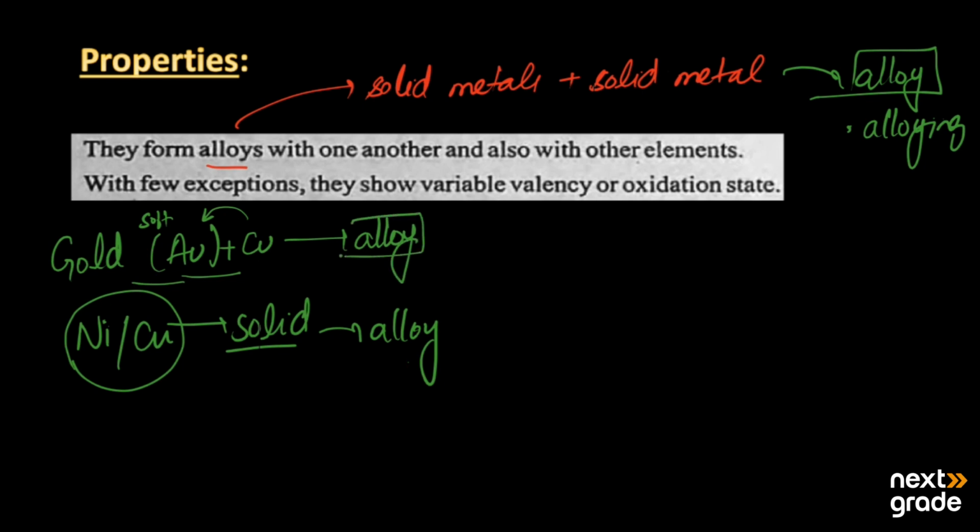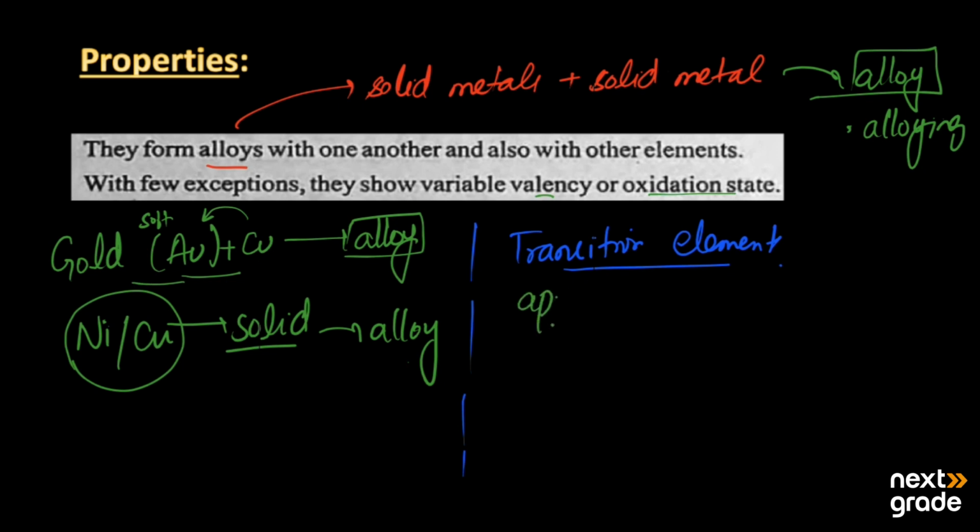With a few exceptions, they show variable valency or oxidation state, as a lot of transition elements have variable oxidation states. Now, what is meant by oxidation state?